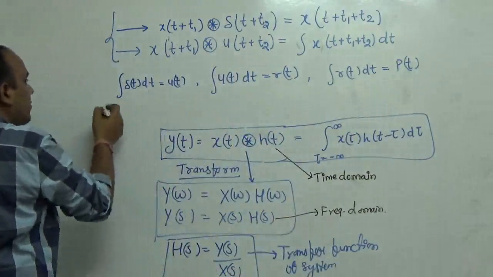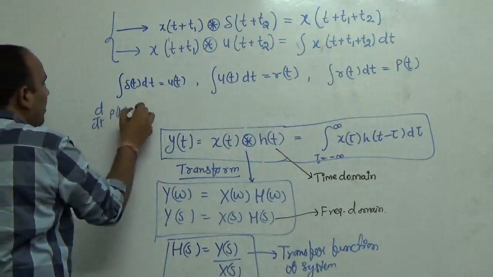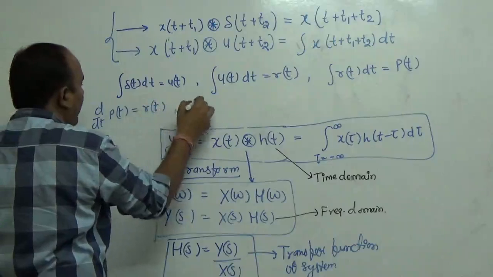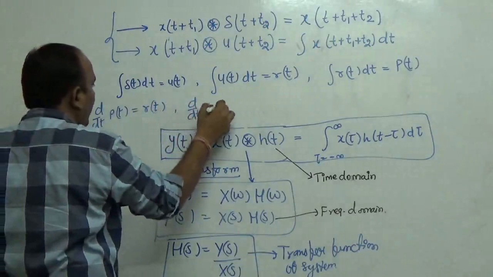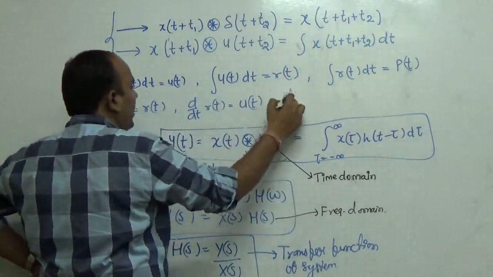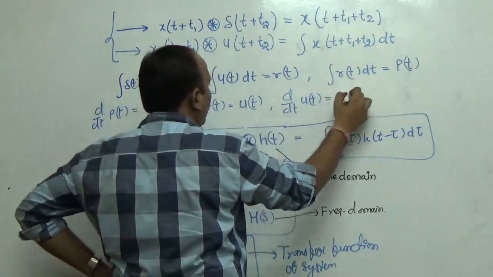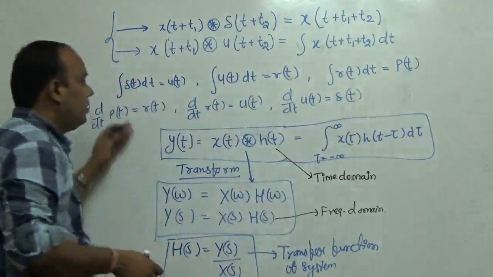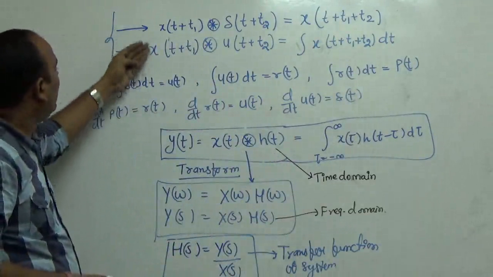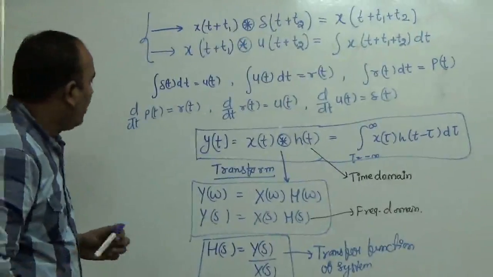Also, the reverse: when you differentiate the parabola, you get the ramp. When you differentiate the ramp signal, you get the unit step signal, and when you differentiate the unit step signal, you get the delta(t) signal. This is the most important part for solving problems related to convolution.